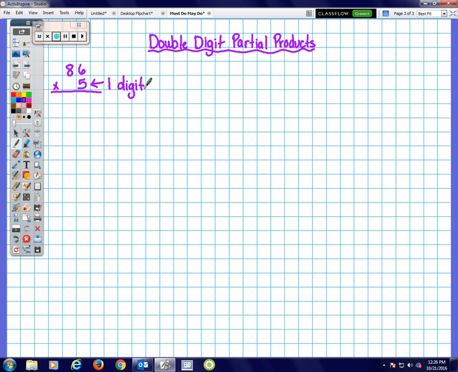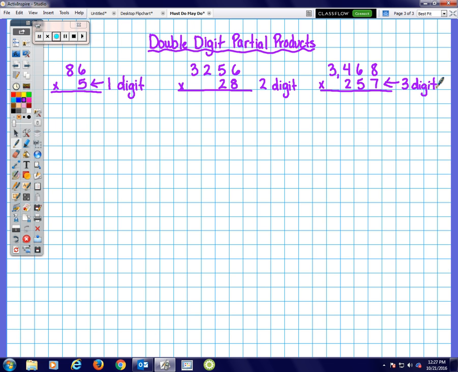When I'm saying double digit multiplication, it doesn't matter how big the number on top is. If I'm multiplying it by 2 digits, that is a 2-digit multiplication. So what that means is if I was multiplying something by 3 digits, no matter what the number is on top, but I was multiplying it by 257, that is a 3-digit multiplication.